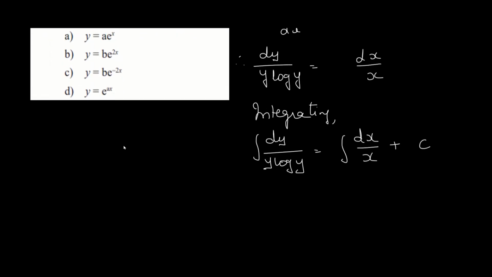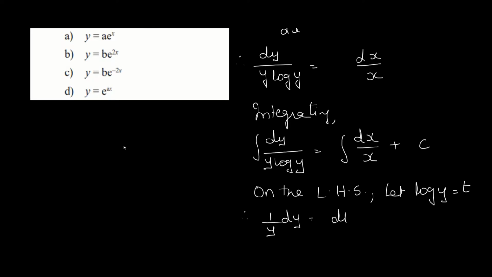Therefore, now on the LHS, we have to use the substitution method for solving the integral of 1 upon y log y. So if you're thorough with integration, you will know exactly what I'm doing over here. On the LHS, let log y is equal to t, and therefore we have 1 upon y dy is equal to dt.